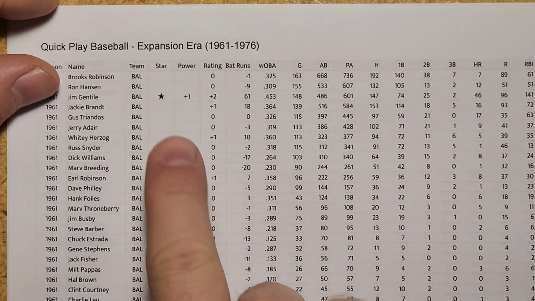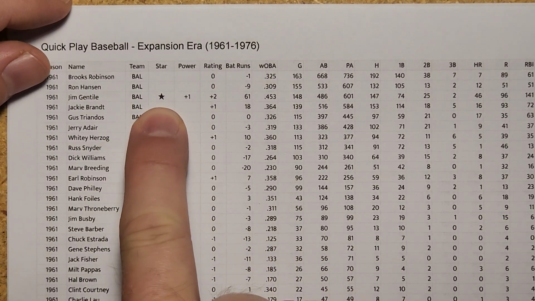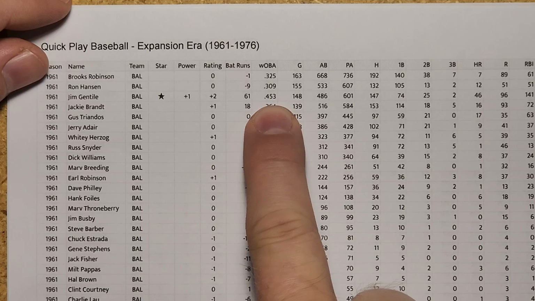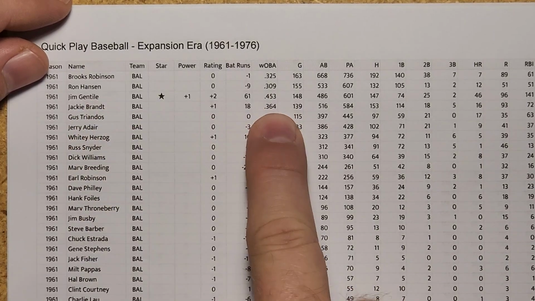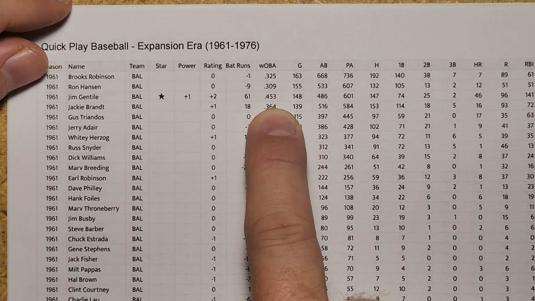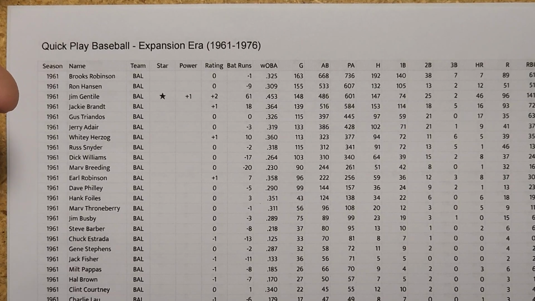So we're rated for a star. A star is any player with a .370 WOBA. So you can see Jim Gentile here is a .453 WOBA. WOBA is weighted on base average, which is a newer sabermetric stat that has sort of a combination of batting average and OPS.